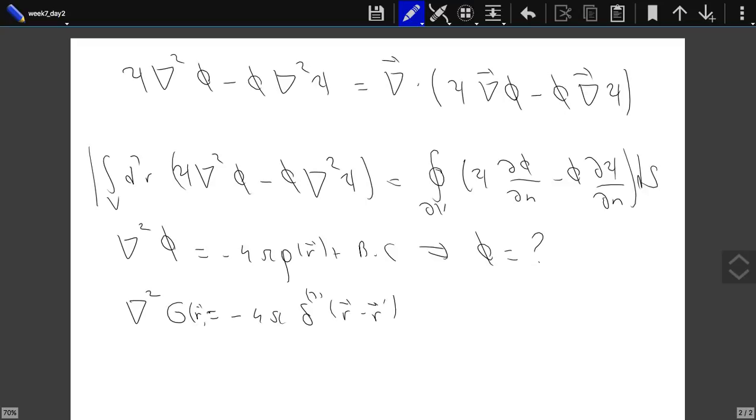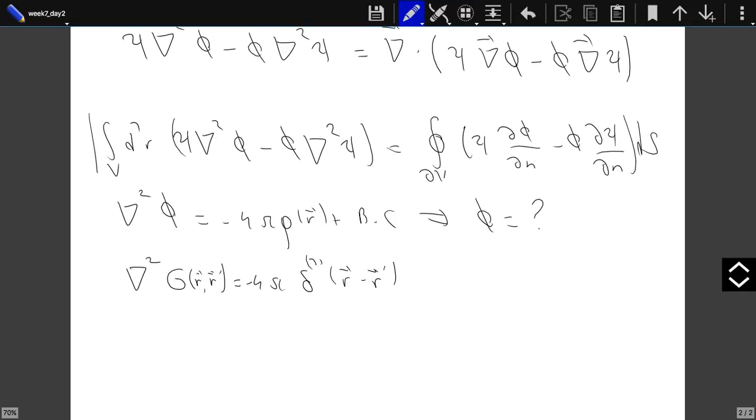This is a function of r and r prime. We assume that we know one solution of this equation. Now, which solution? Arbitrary. We don't yet specify it, but we are just assuming that we know one solution.